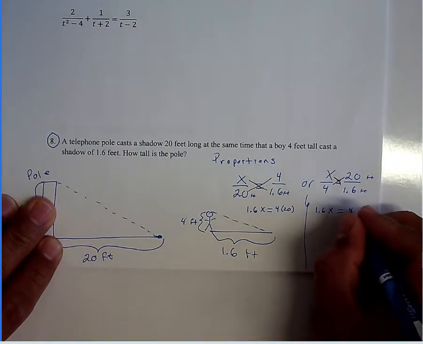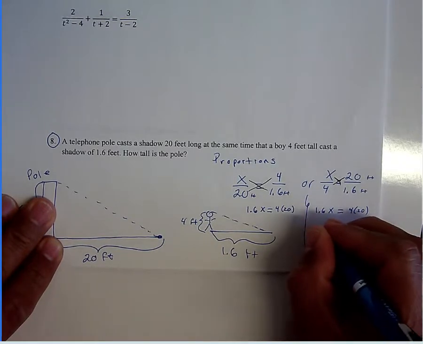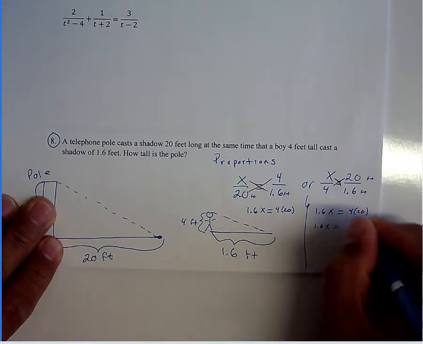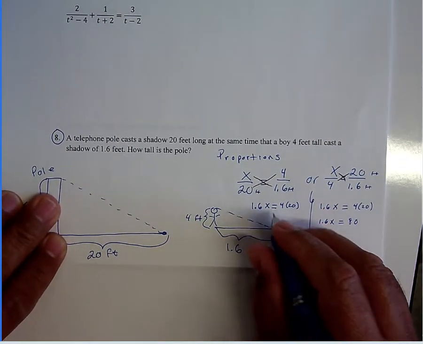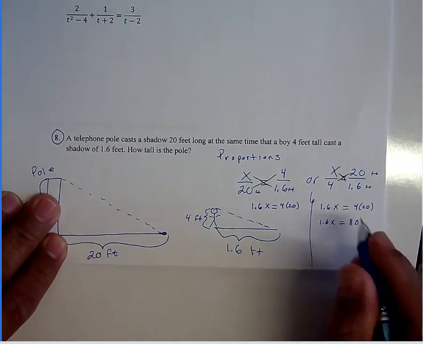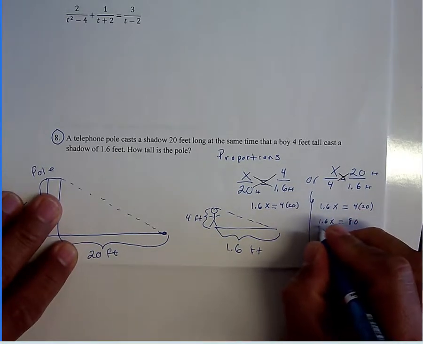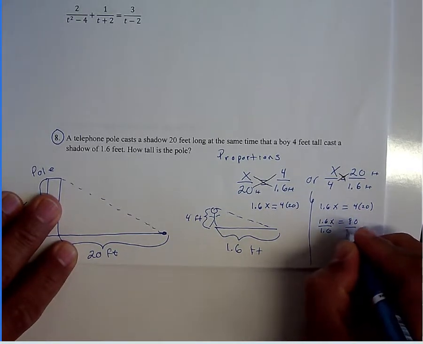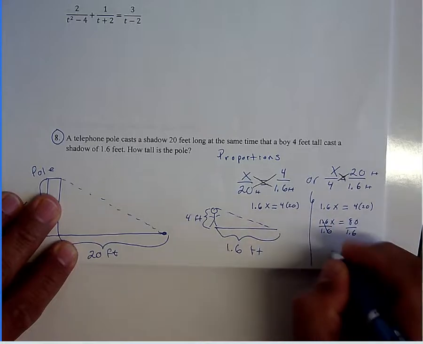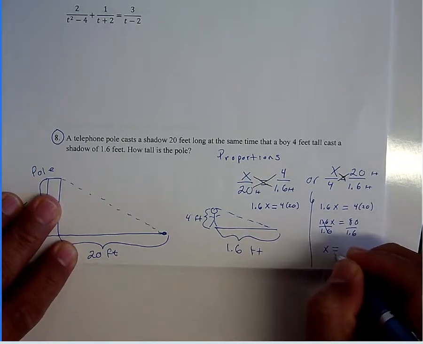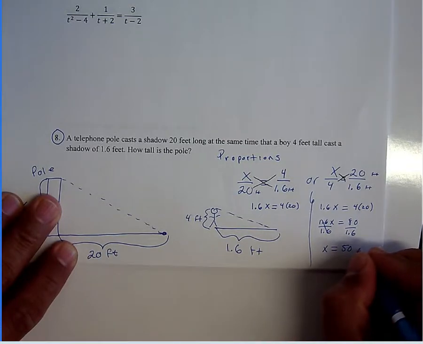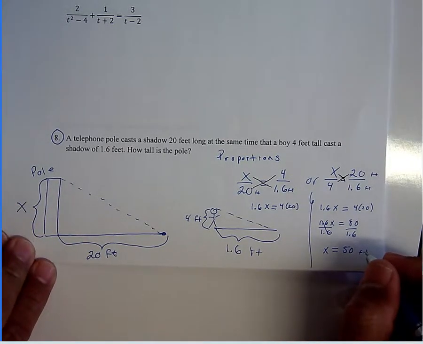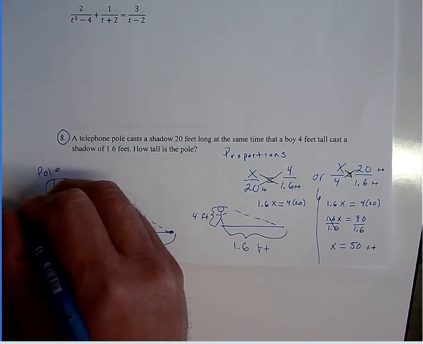And then 4 times 20, so 1.6x equals 80. You know it's the same equation. So all you have to do is divide by 1.6. So x, the height of the pole, would be 50 feet. And that's it. So this x is equal to 50.